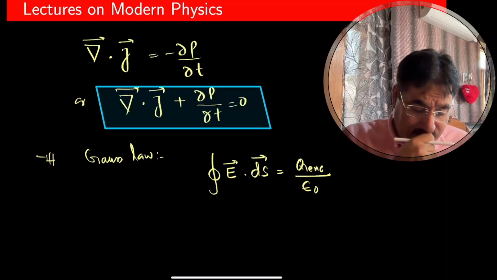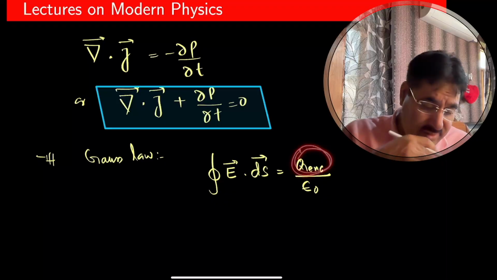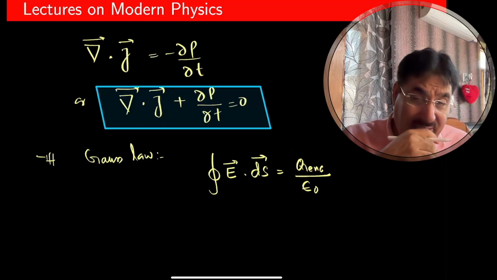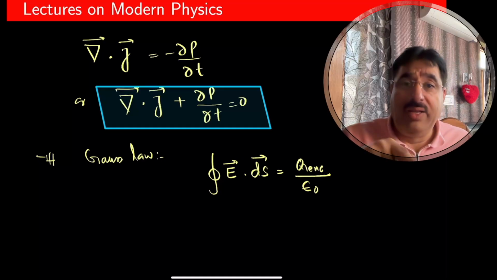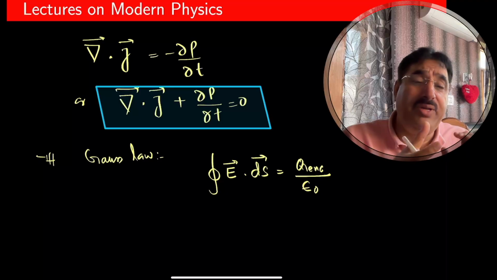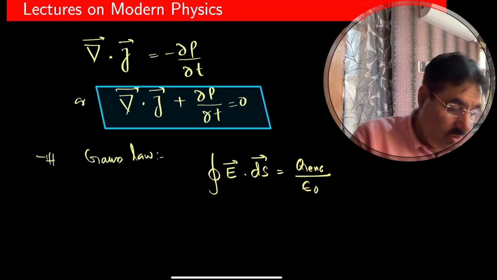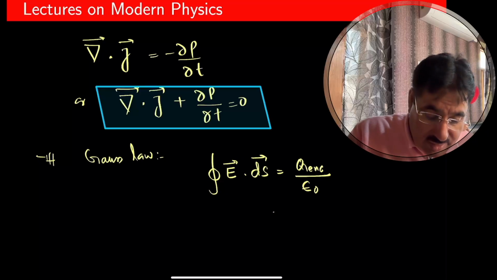Now, what we can do is write the charge inside the surface in terms of charge density. Suppose there is a charge profile inside the surface. The entire charge can be put in the form of a distribution. So I can rewrite the charge enclosed as 1 by epsilon naught integral rho dV.